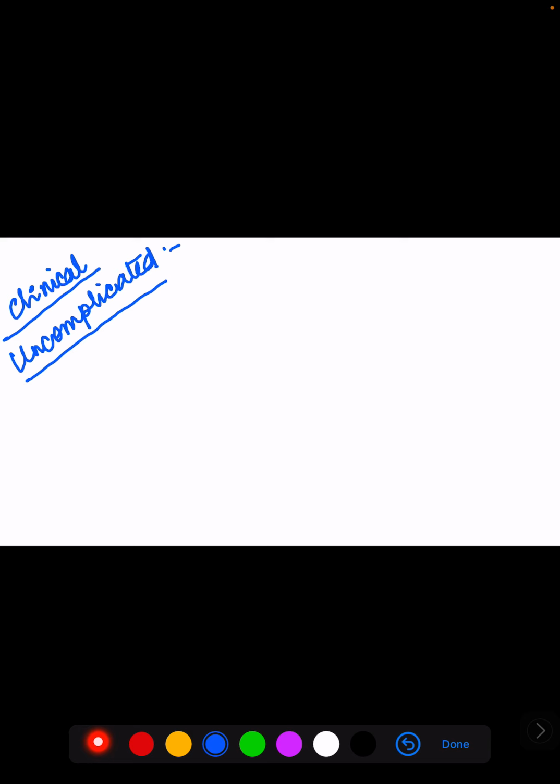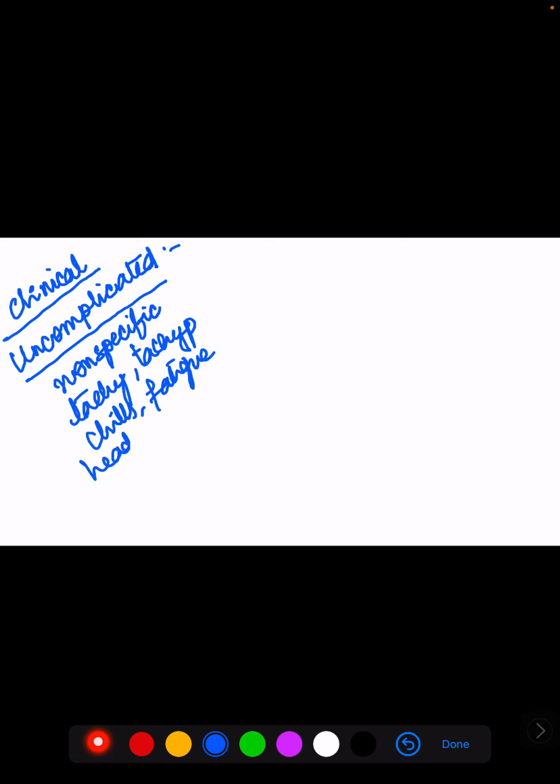The initial symptoms are non-specific: tachycardia, tachypnea, chills, fatigue, headache, cough, nausea, vomiting, abdominal pain, arthralgias and myalgia. All these are the non-specific symptoms in uncomplicated falciparum malaria.